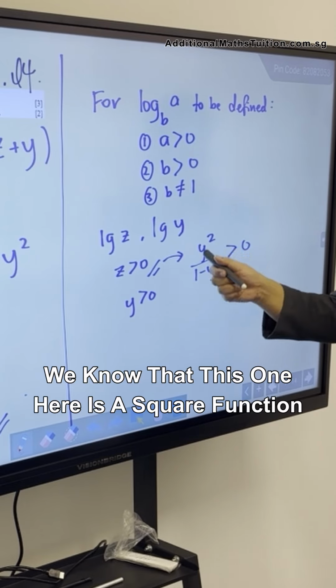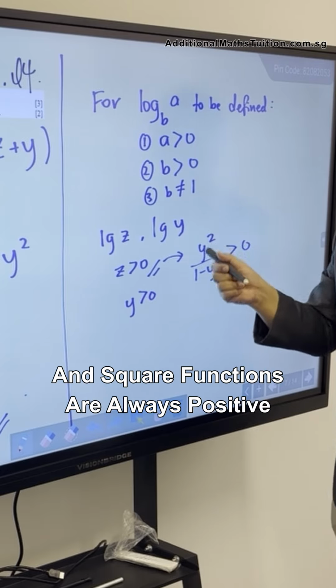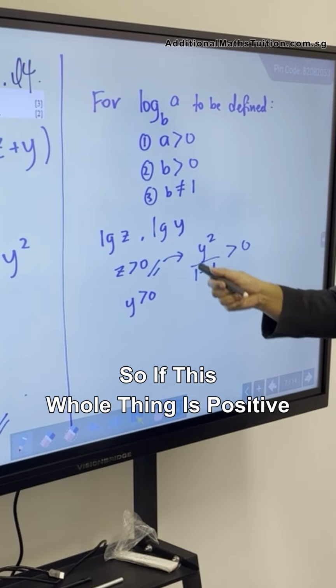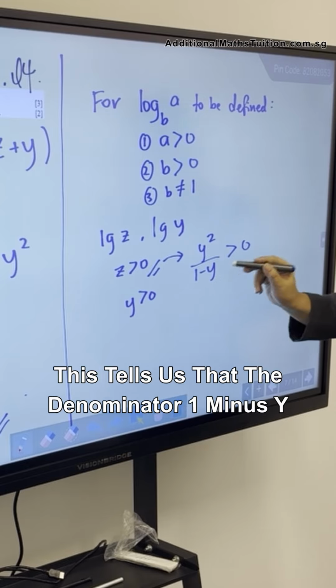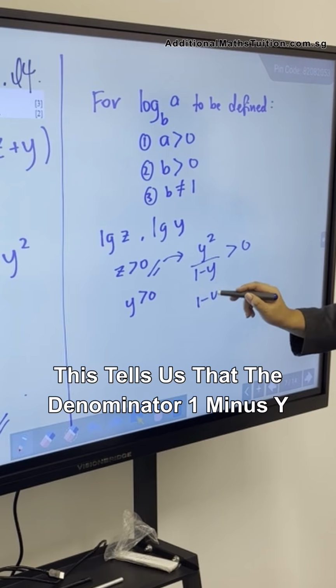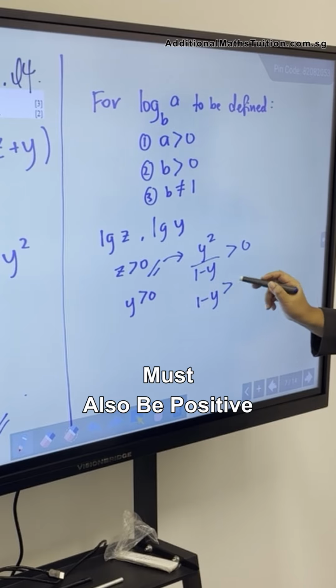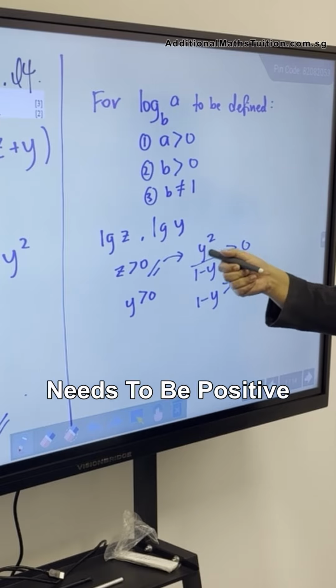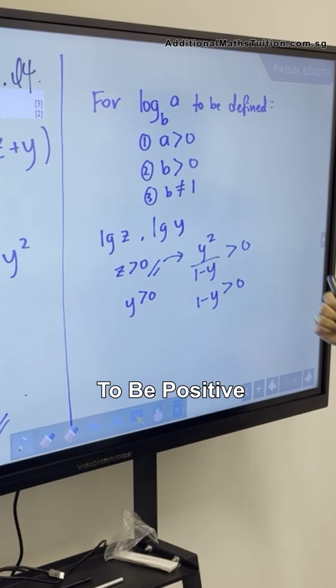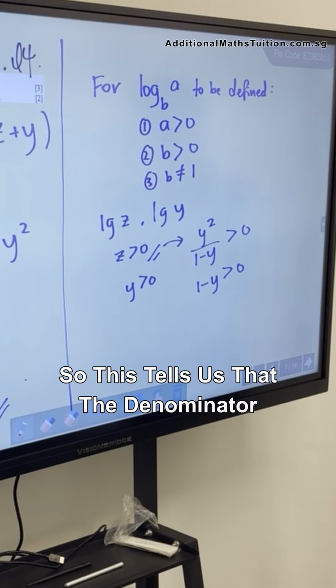We know that this one here is a square function, and square functions are always positive. So if this whole thing is positive, the numerator is definitely positive. This tells us that the denominator 1 minus y must also be positive. It wouldn't make sense if this is negative, because positive needs to be positive to be positive. So this tells us that the denominator must be positive.